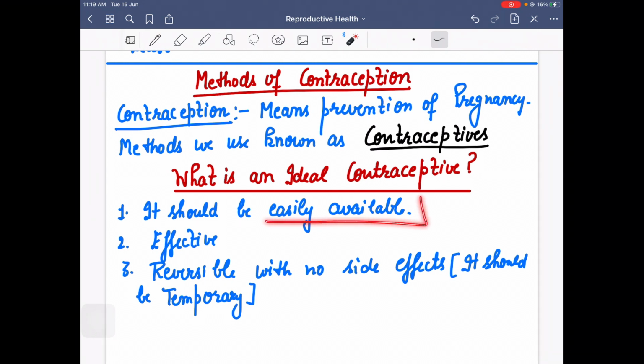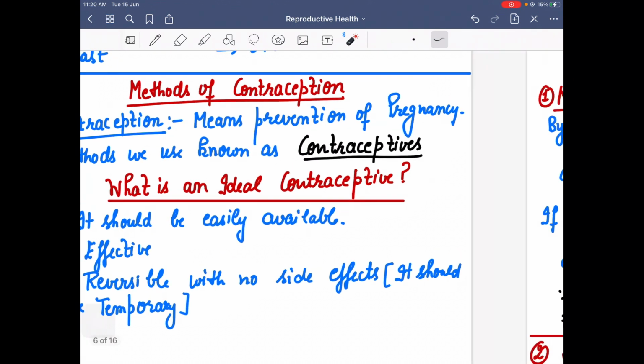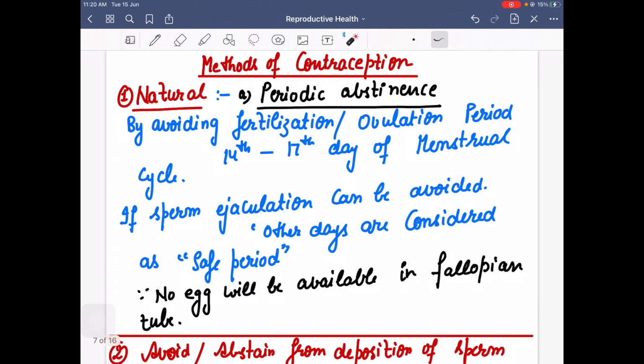It should be easily available, properly effective, and reversible, meaning once you stop using it, the lady can become pregnant, or the couple can have a baby. So it should be reversible with no side effects, right? Those are the main points needed when you start using a contraceptive.